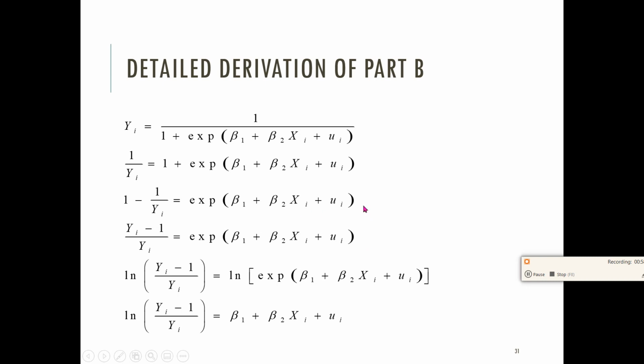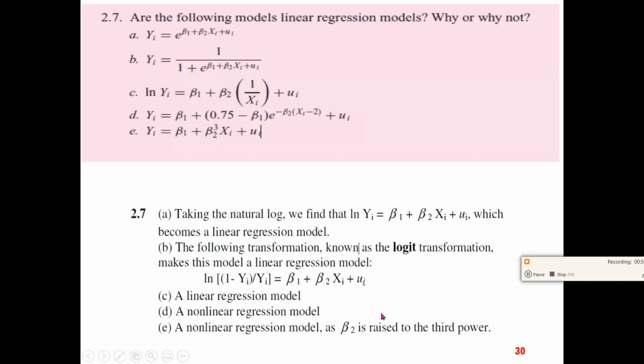Maybe you pause the video and it's very easily understandable that the end form becomes linear, because once again the betas are raised to the power 1 only. So this is again a linear regression function. That's why for part B it is written that this model becomes a linear regression model.